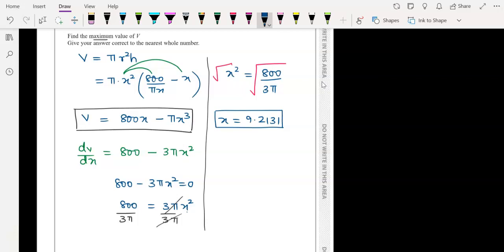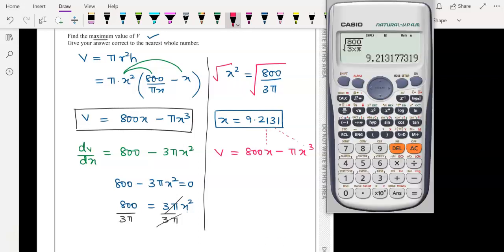But the question is to find the maximum value of V. So now the formula for V is already here. V is 800x minus pi x cubed. So we'll replace x by the value. So we will get 800 times the answer minus pi times answer cubed.